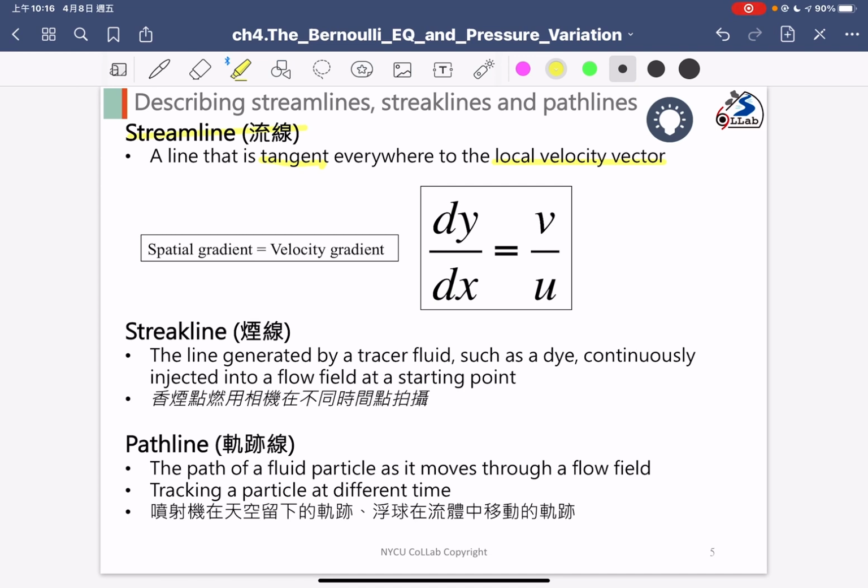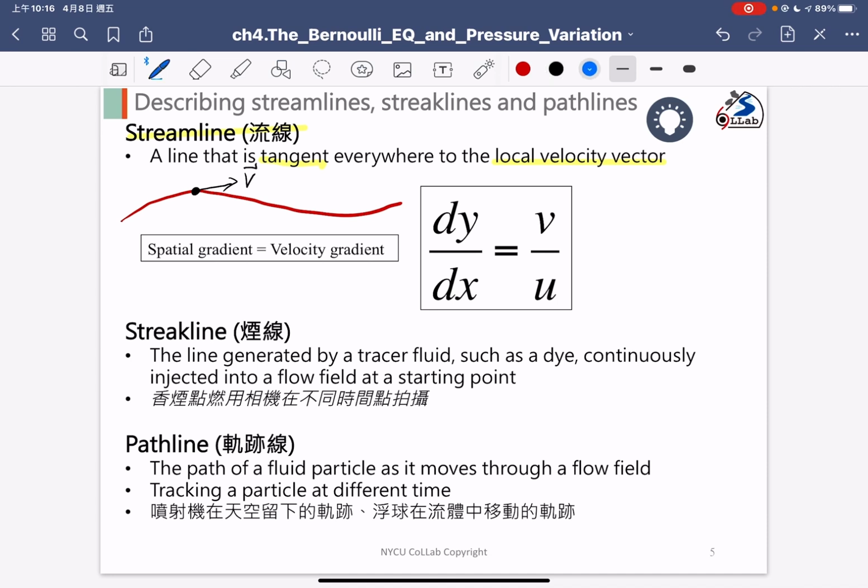That indicates that if I have a stream line with a shape like this, and I pick out one point, a local point, the velocity vector at this local point will be along this direction. So this is my velocity vector.